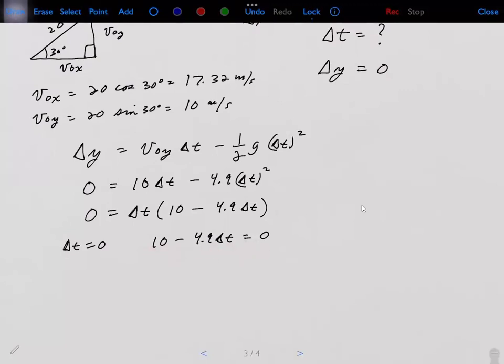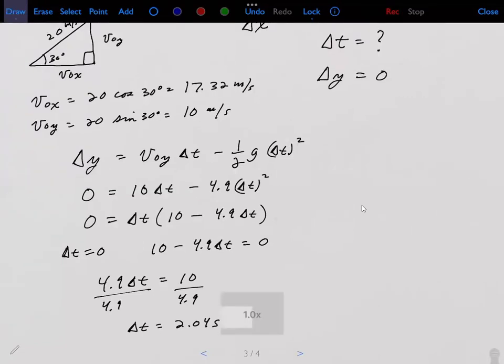So if we solve that, we're going to get 4.9 delta t is equal to 10. If I divide by 4.9, I'm going to get delta t is equal to 2.04 seconds. Okay, so that's the time that the ball is in the air.